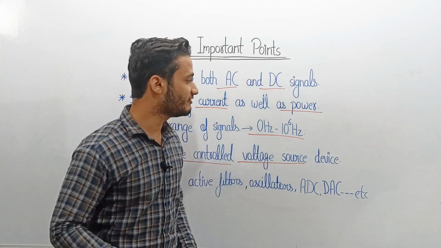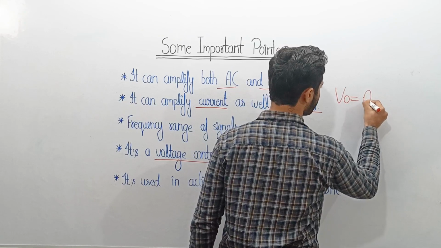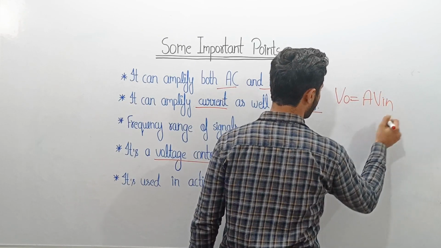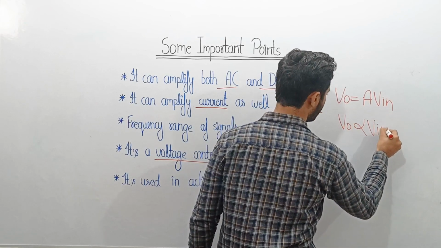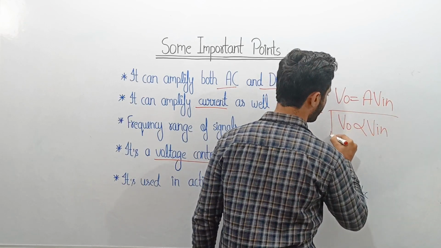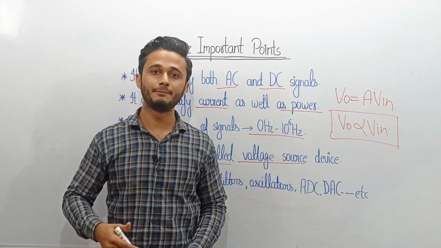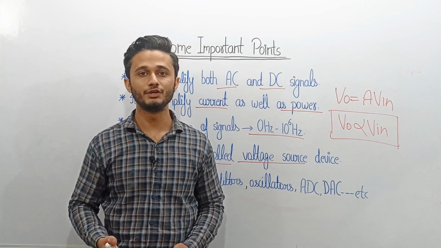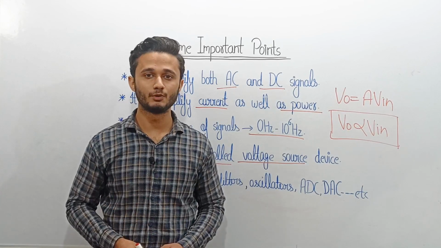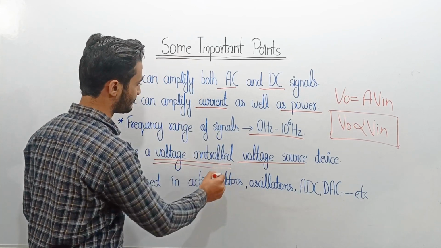In case of an op-amp, we have seen that the output voltage is A times the input voltage, or the output voltage is directly proportional to the input voltage. It means that the output voltage of the op-amp is controlled by its input voltage, which makes an op-amp a voltage controlled device.